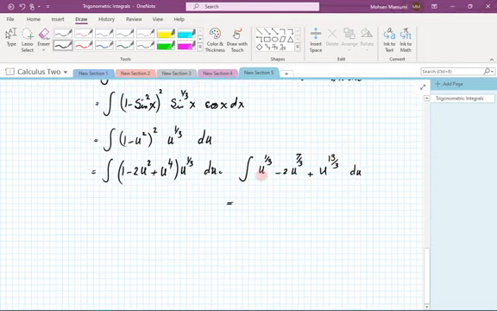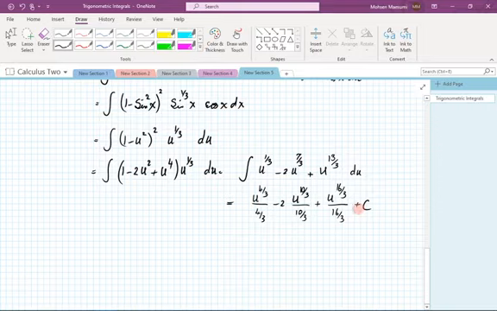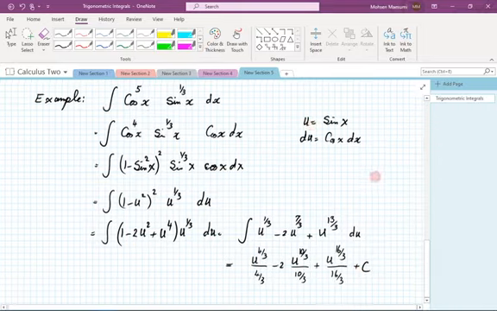So I integrate, so u to the power of this is 4/3 over 4/3, minus 2u to the power of this is 10/3, adding 1 to that, dividing by 10/3, plus u to the power of, this is going up by 1, becomes 16/3, and then 16/3, and then a constant, and then we go back and do the back substitution.